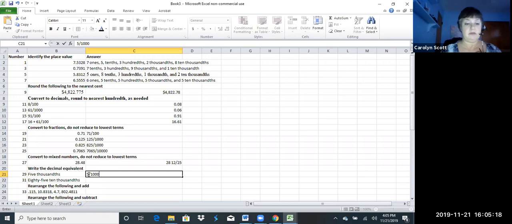So that would be 1, 2, 3, which we should get 0.005. And let's see if we are correct. Nope, not that we're not correct. I just accidentally included some information that did not need to be there.